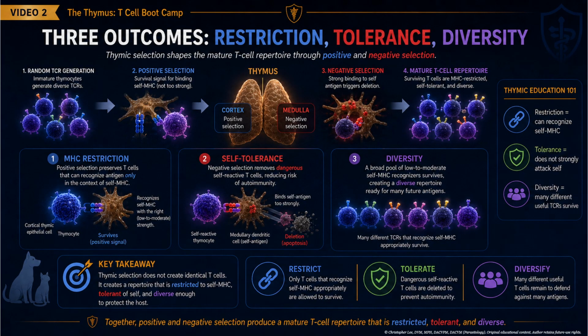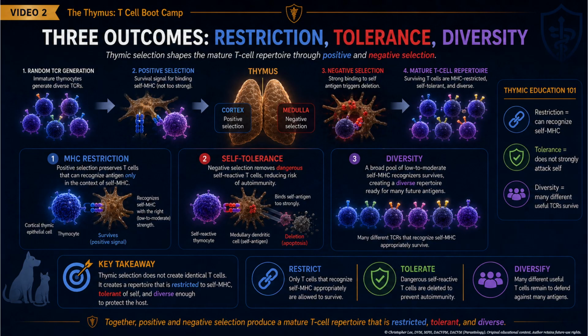By the end of thymic selection, we want three major outcomes: restriction, tolerance, and diversity. First, restriction. T cells must be MHC restricted. They need to recognize antigen in the context of self-MHC. Positive selection helps ensure this. Second, tolerance.